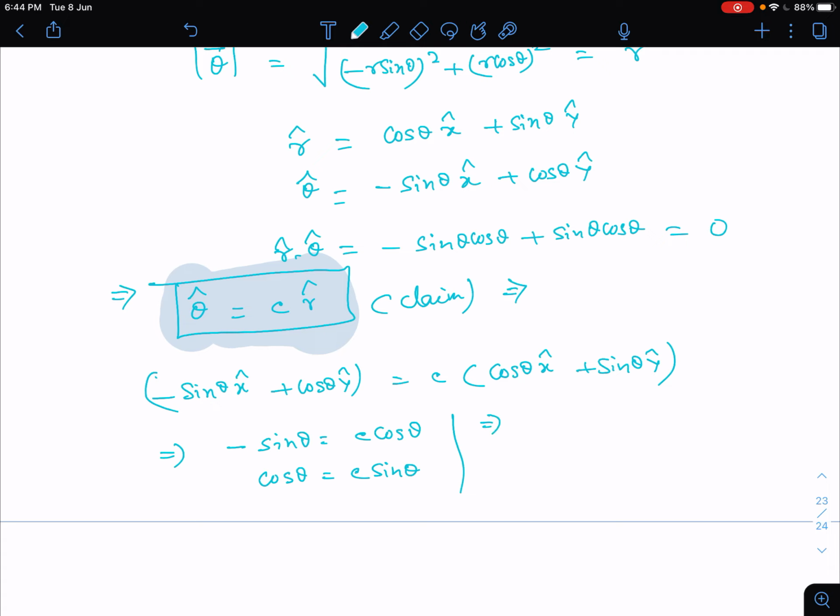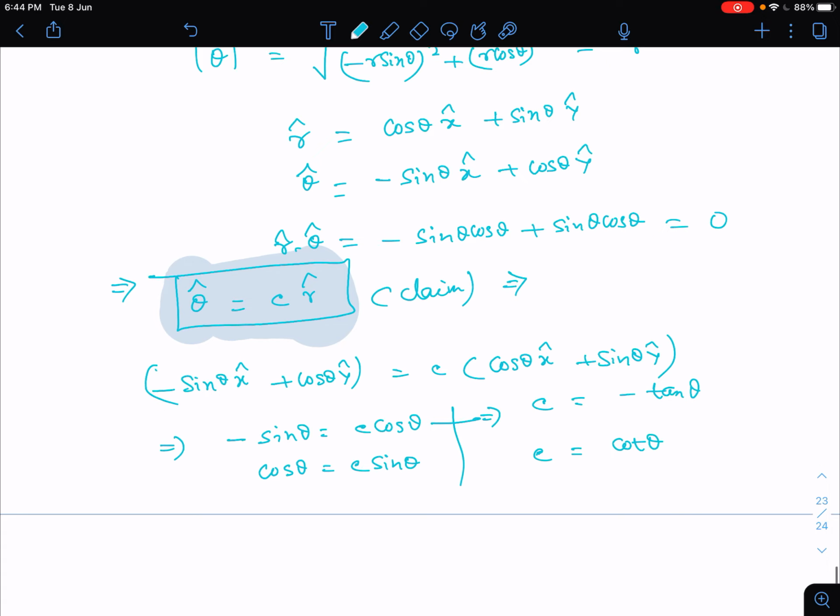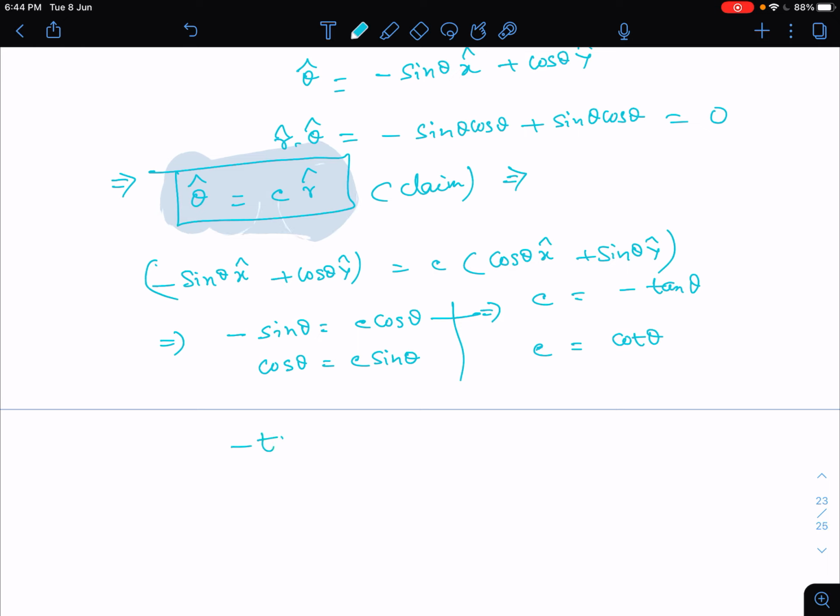From the first equation you get c equals minus tan theta, and from the second you get c equals cot theta, right? So minus tan theta equals cot theta, that is, minus sine theta by cos theta equals cos theta by sine theta.